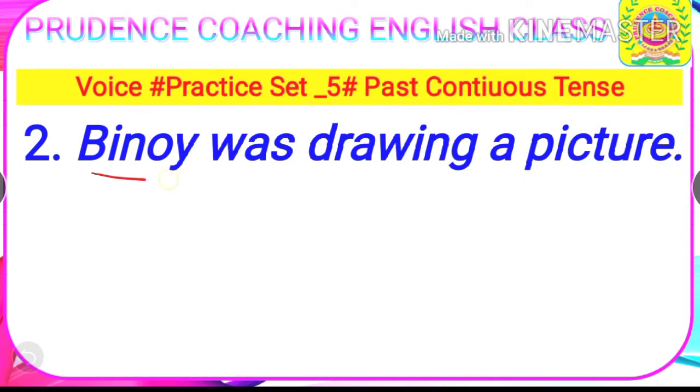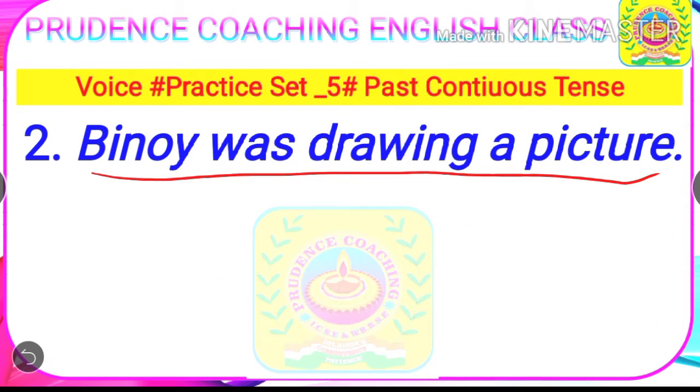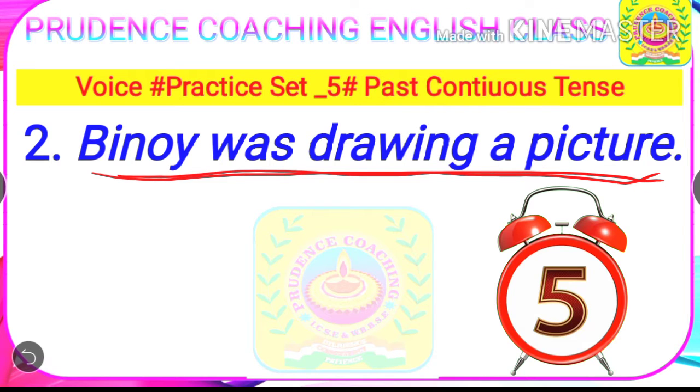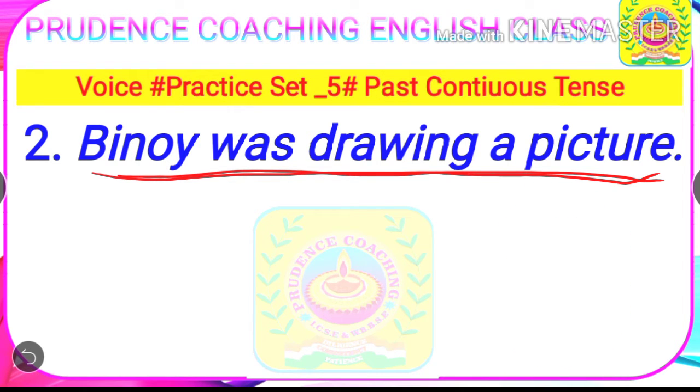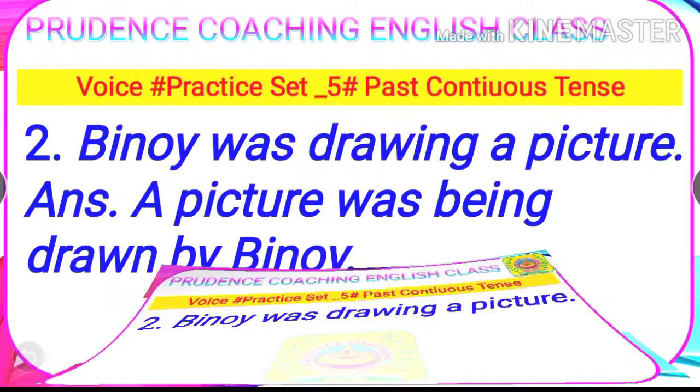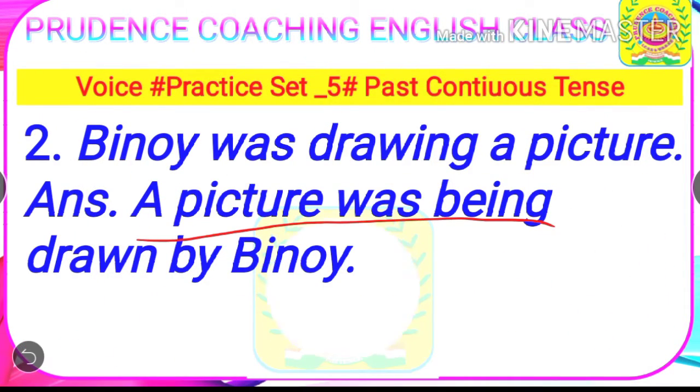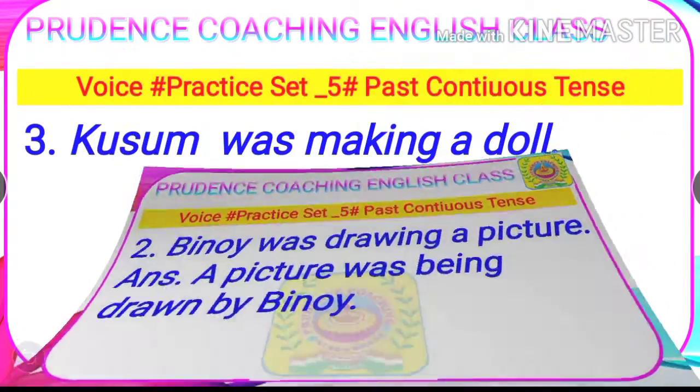Question number 2. Binay was drawing a picture. I repeat the question. Binay was drawing a picture. Your time starts now. The time is finished. Now we will move to the answer. The answer is: a picture was being drawn by Binay. Now the next question. Hurry up students.